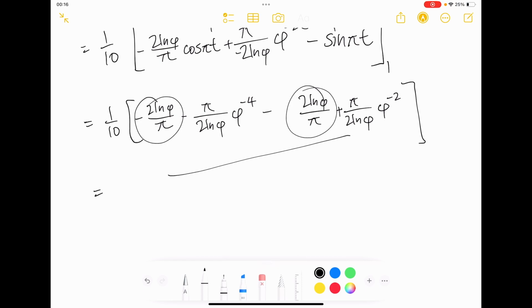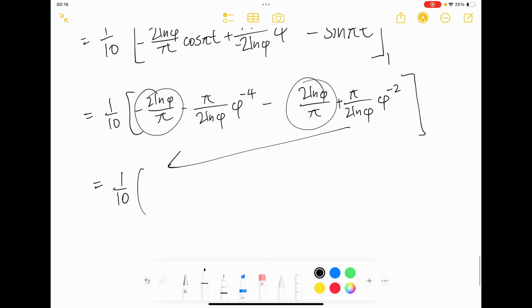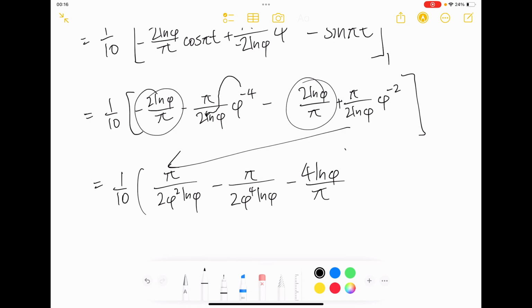That's it, and we have 2 of these, so let's combine things, and let's put this in front because it's positive, so 1/10, we'll put the golden ratio squared down, and write it like that, and do the same for this. So we'll put that down there, minus pi over 2 to the golden ratio to the 4th, natural log phi, and minus 4 natural log golden ratio over pi.